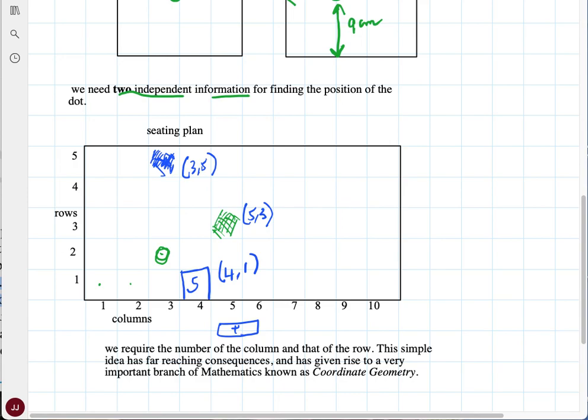It looks like a very simple idea. This is a very simple idea, but has very far-reaching consequences. It has many useful applications and has given rise to an important branch called coordinate geometry. We'll be looking into it in detail.